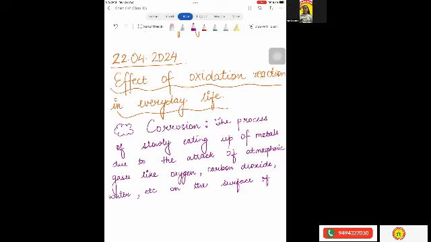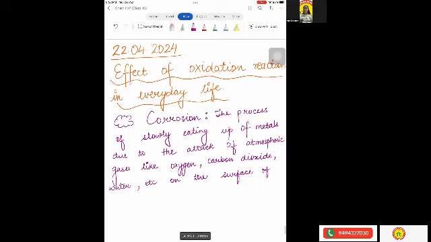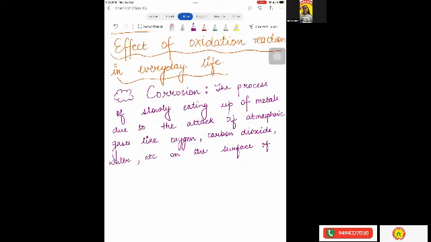I will give you many more definitions also. This is the exact definition. I'll give you the definitions which would be acceptable also. Fine? I'll give one or two more definitions.